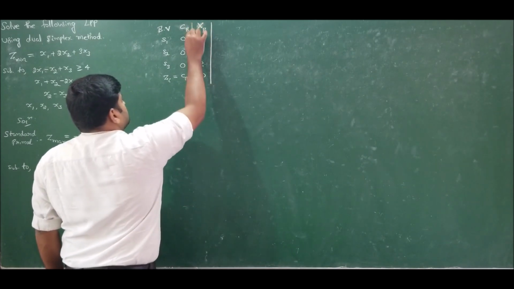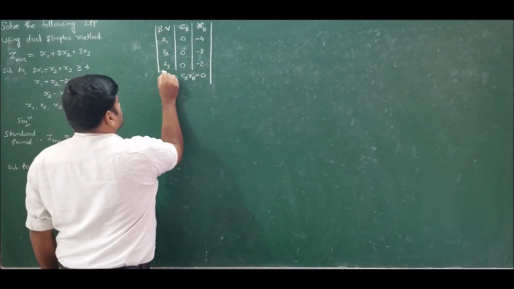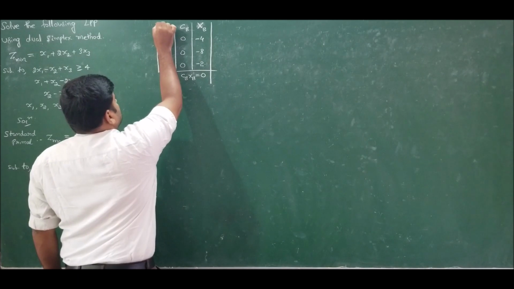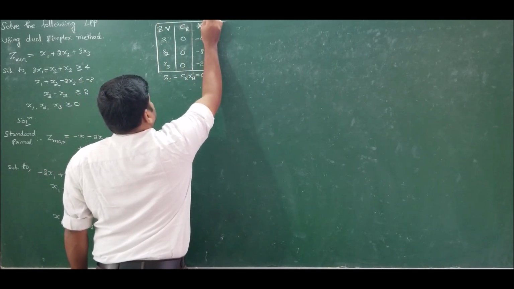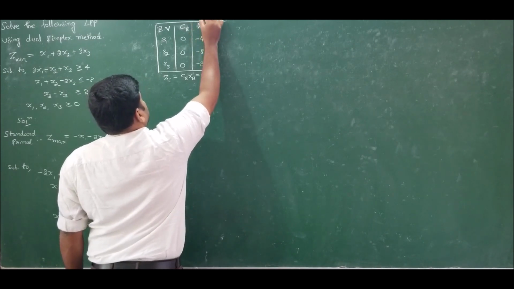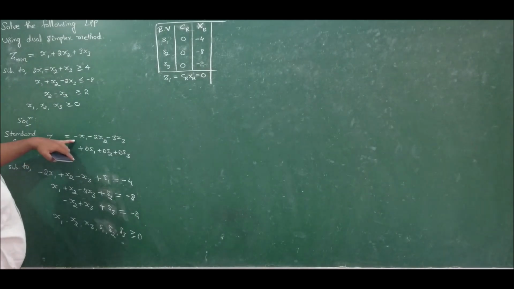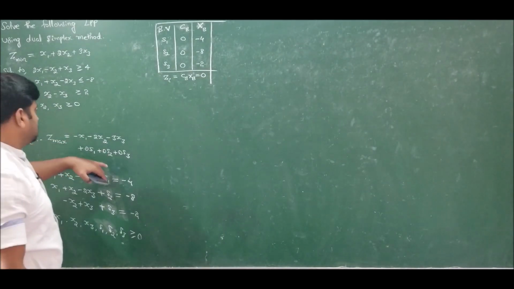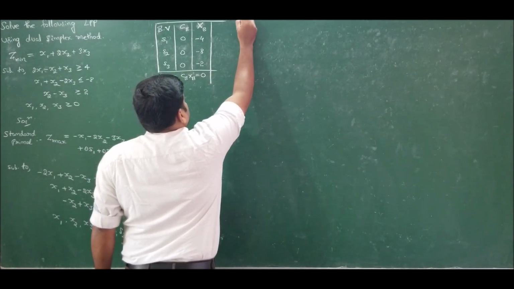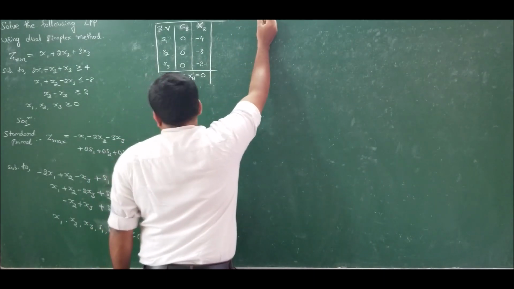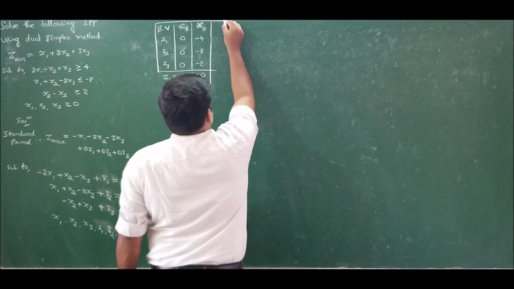So construct the simplex table. And also note down xj, cj. Cj is nothing but the objective function coefficients, that is -1, -2, -3, 0, 0 and 0.